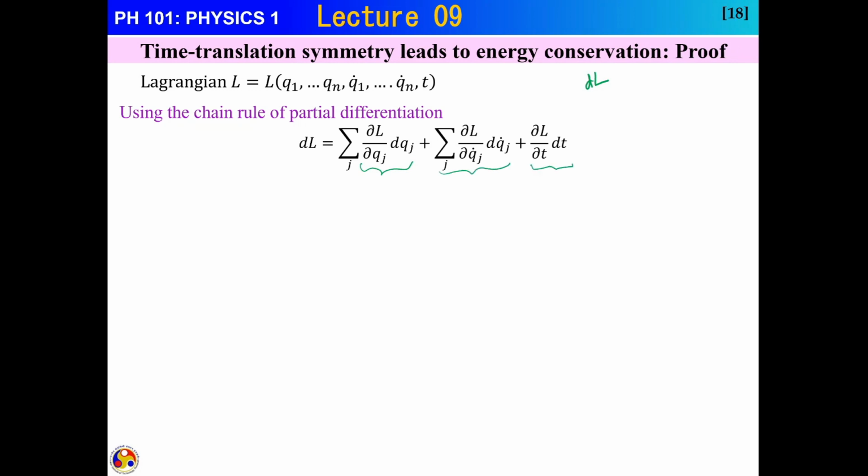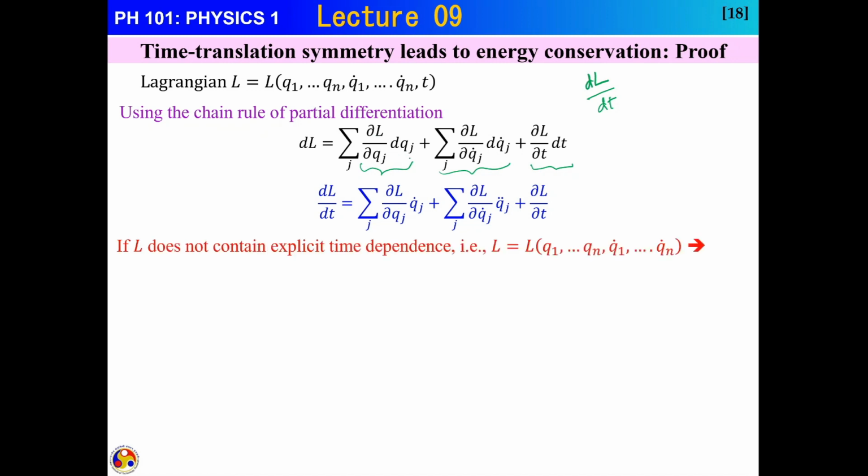You have done nicely in the earlier classes. You understood it very clearly without any difficulties. And now I can further take the time derivative, dL by dt. If I take the time derivative again, this is going to be dqj by dt, which is q dot j.